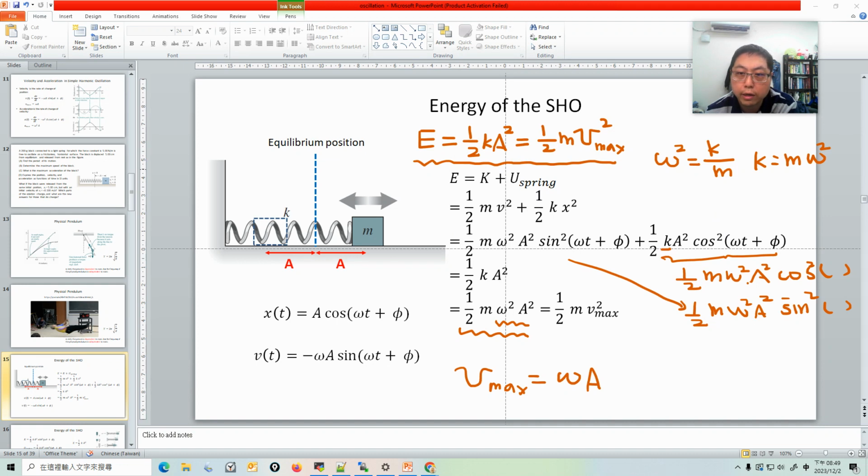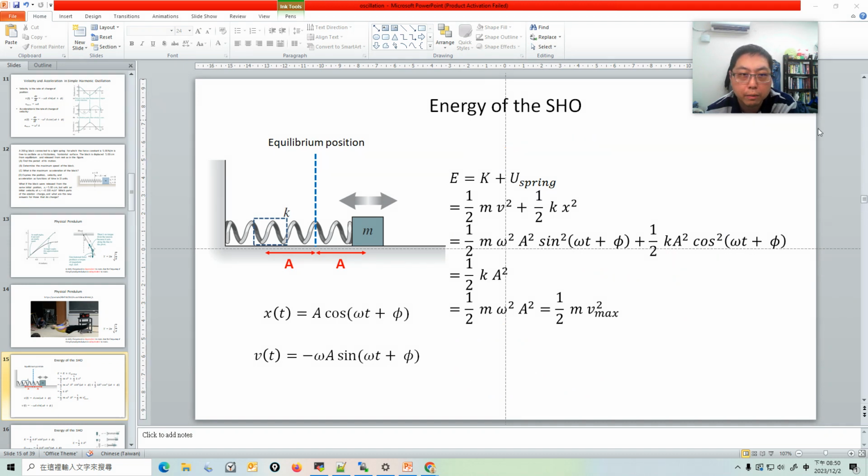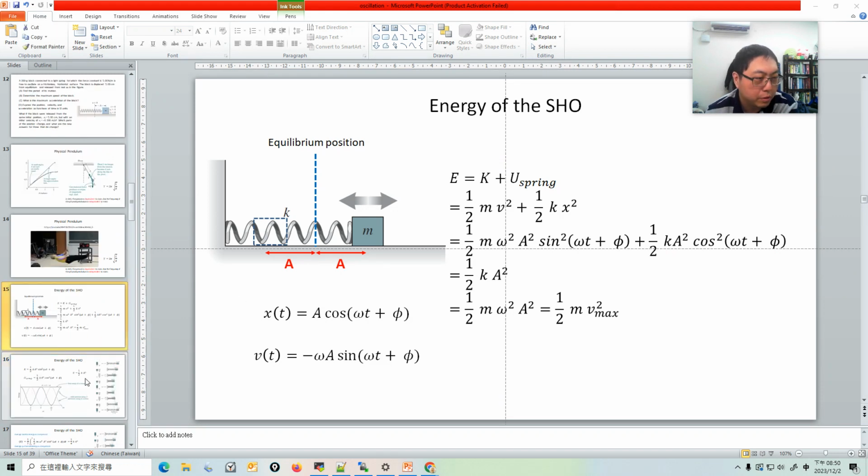And for the next part, let's discuss the kinetic energy and potential energy of the simple harmonic oscillation in a more detailed way.